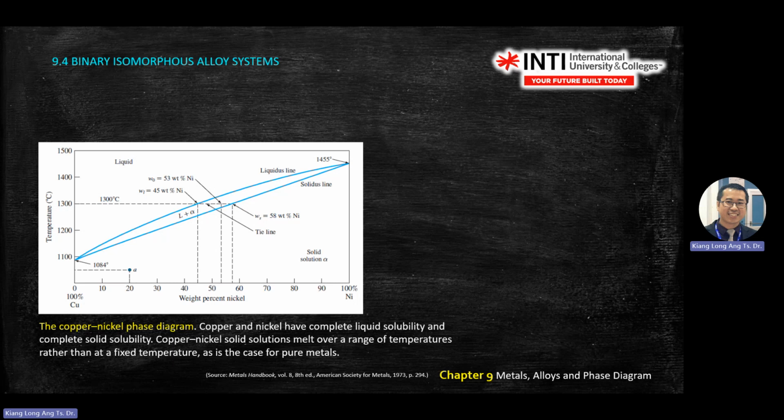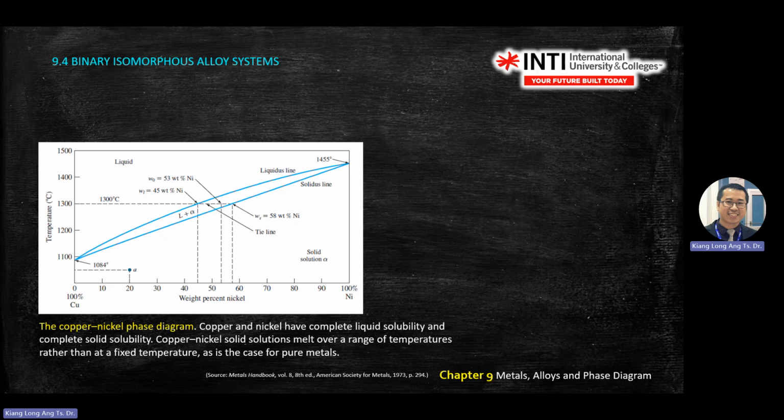Okay. So at the bottom here, it is 1084. What does it mean? If your temperature reaches 1084, 0% nickel, 100% copper. What do you think? This point, no nickel.